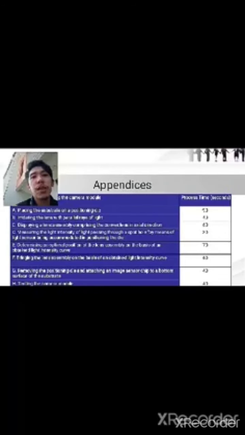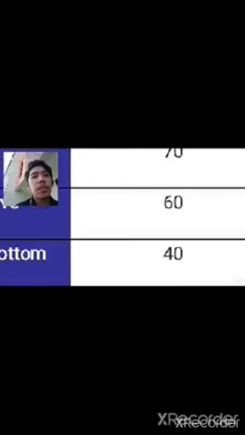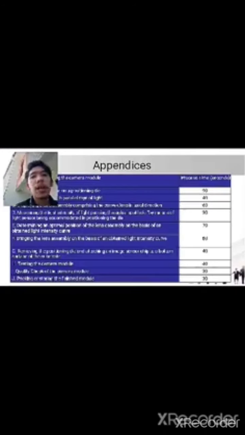Process E will be 70 seconds, process F 60 seconds, process G 40 seconds, process H 40 seconds, process I 30 seconds, and process J 30 seconds. In order to achieve our goal, we have to study the assembly line balancing from the given data and follow the steps.